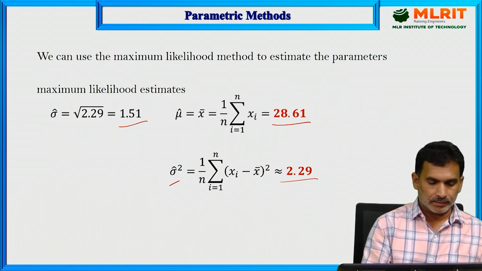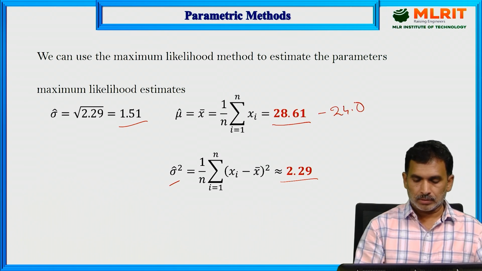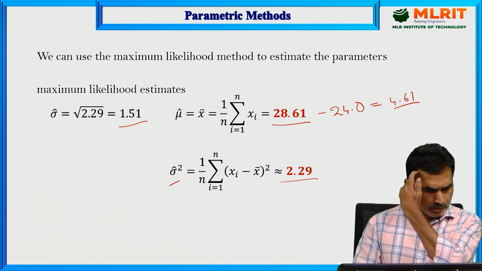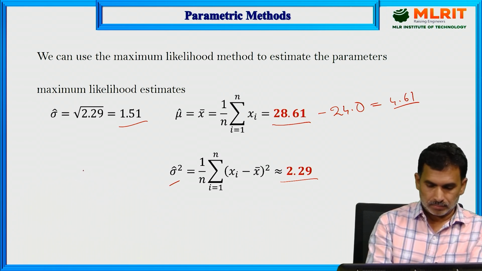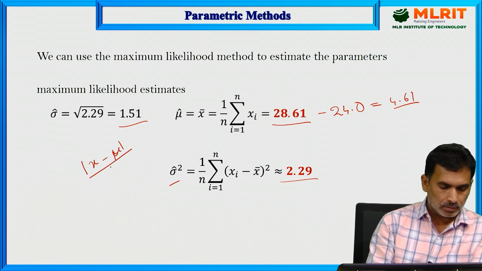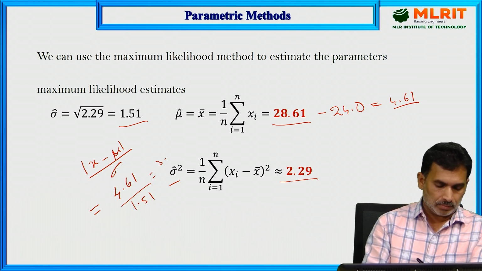Then x minus mu is 4.61. If we divide by sigma, that is 4.61 divided by 1.51, this is equal to 3.04, which is greater than 3.